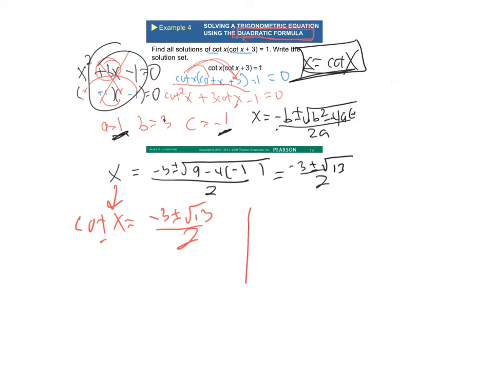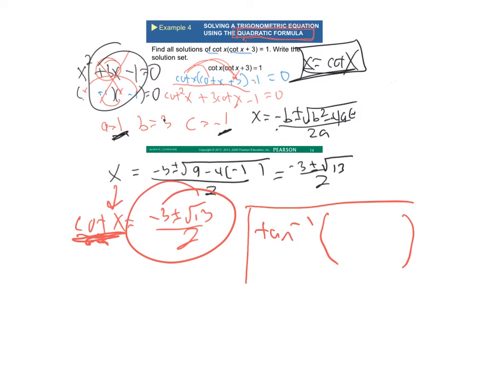In my calculator, I would have to key in not second cotangent, because you don't have a second cotangent. You have a second tangent. And since you're doing the reciprocal of cotangent, you have to take the reciprocal of that, or 1 over this, which just turns it into 2 over -3 plus the square root of 13.